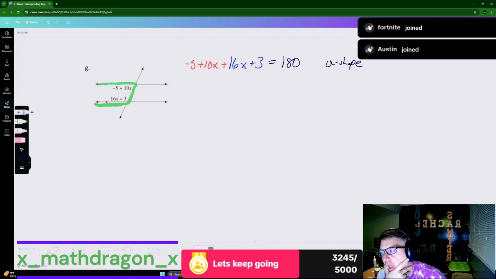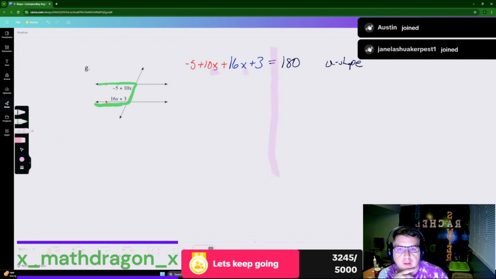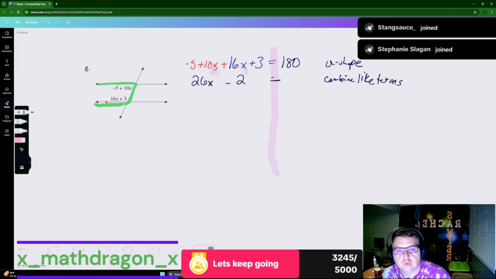So if I highlight my variables and draw a line down the middle of my equal sign, they're on the same side. So that's telling me to combine like terms. So then that's going to be 26x, and if I do negative 5 plus 3, that should be a negative 2 equals 180.